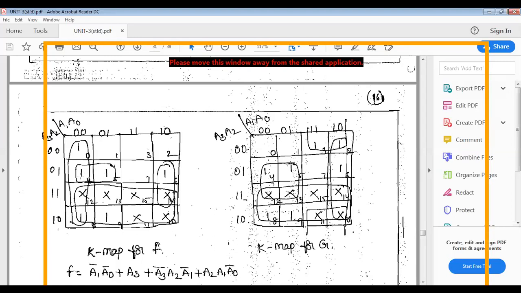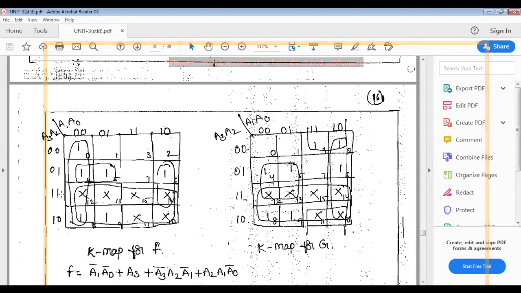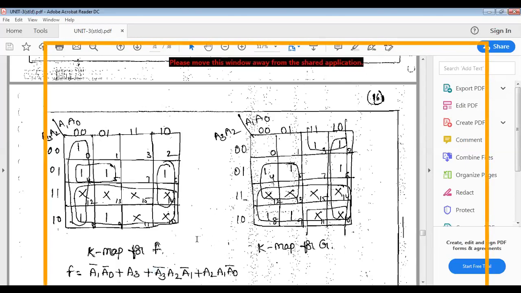Whenever you go for the 2-box combination of 4 and 5, we get A3 bar, A2 and A1 bar. If you go for the 4-box combination here, we get only A2 and A1 bar. So 1 literal reduces. There is no A3 in the third term, it is only A2 and A1 bar.